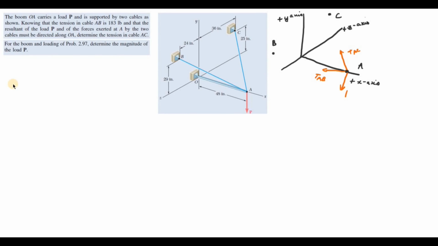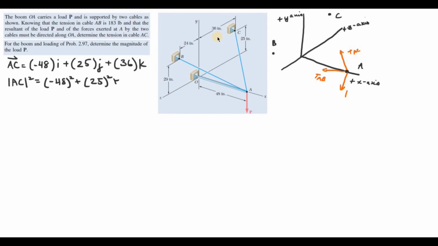Next, we can find the vectors and the magnitudes for the cables. Vector AC is equal to minus 48 I plus 25 J plus 36 K, and the magnitude AC is equal to 65 inches.